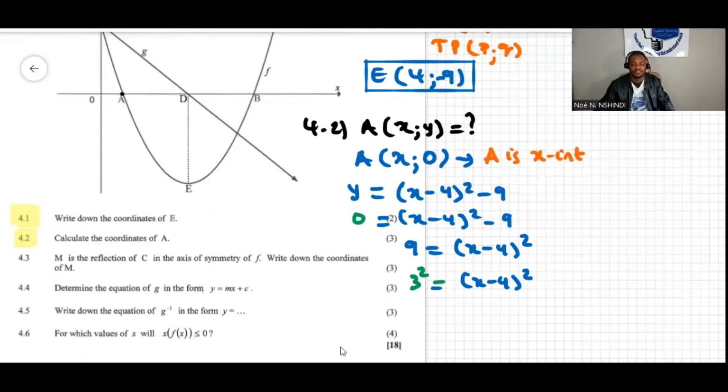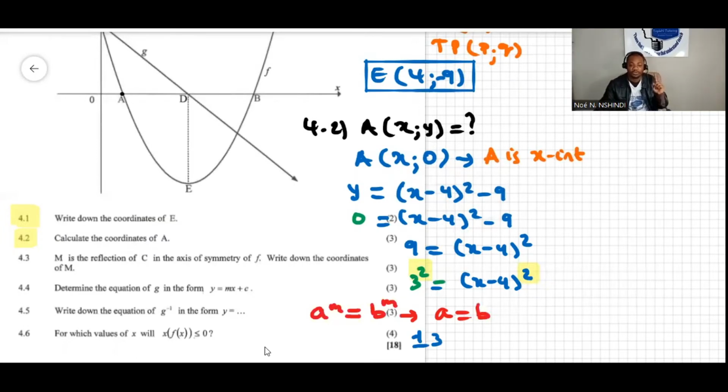Now you notice that we have power of 2 here and power of 2 there. We can apply the law of exponents that says a to the m equal to b to the m. When the exponents are the same, the bases must also be the same, so we're going to equate the bases. So this is going to be plus minus 3.